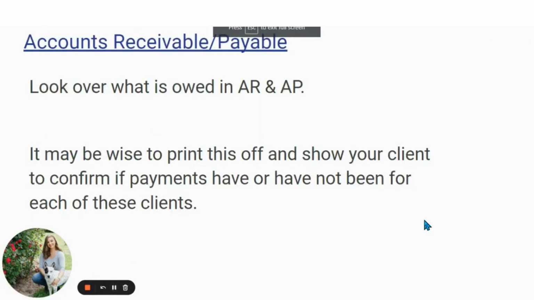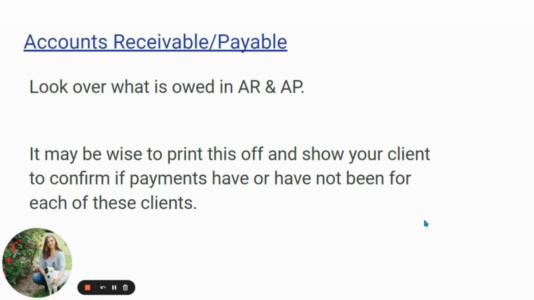Same thing though, you want to make sure you're not behind on your accounts payable with your vendors, because if that's the case, then they will come after you and get creditors involved, and then you could have just owed $1,000, and now that you have a debt collector, that's a $4,000 thing.